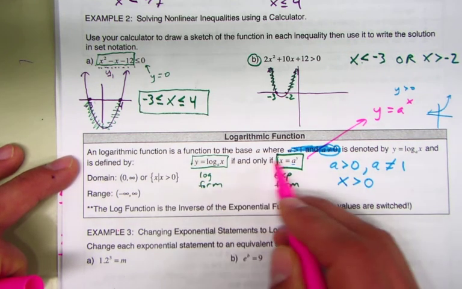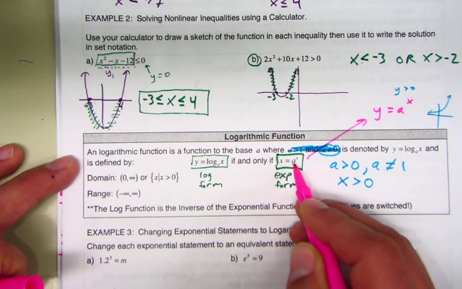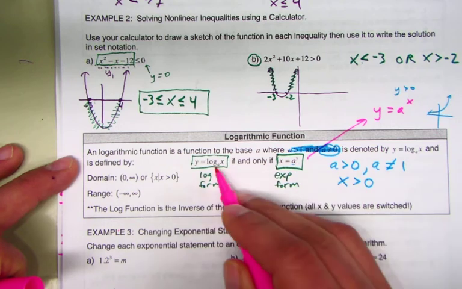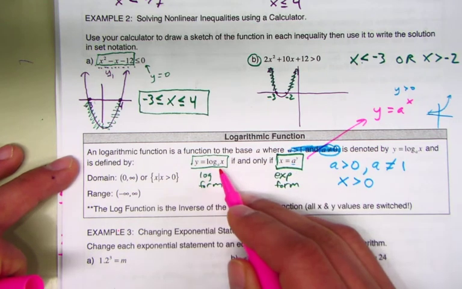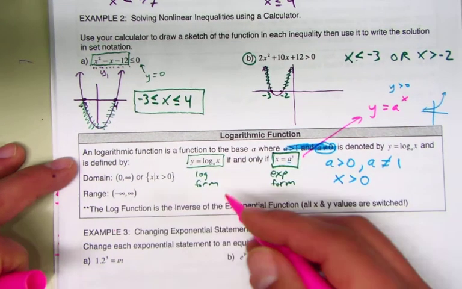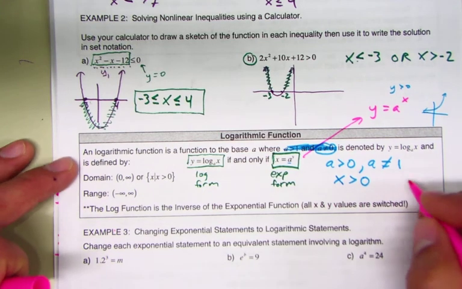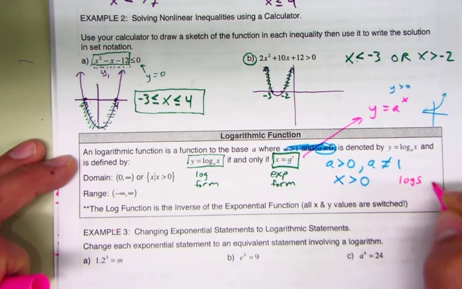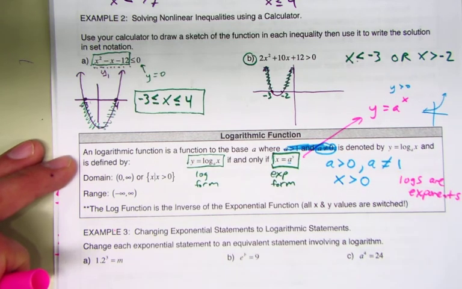So the base does not change. We have a base A exponential function. Here we have a base A log. So the bases are the same. Number 2, and this is not highlighted here, but I'm going to make a big deal out of this, okay? Logs are exponents. They're really just exponents written in a different way.